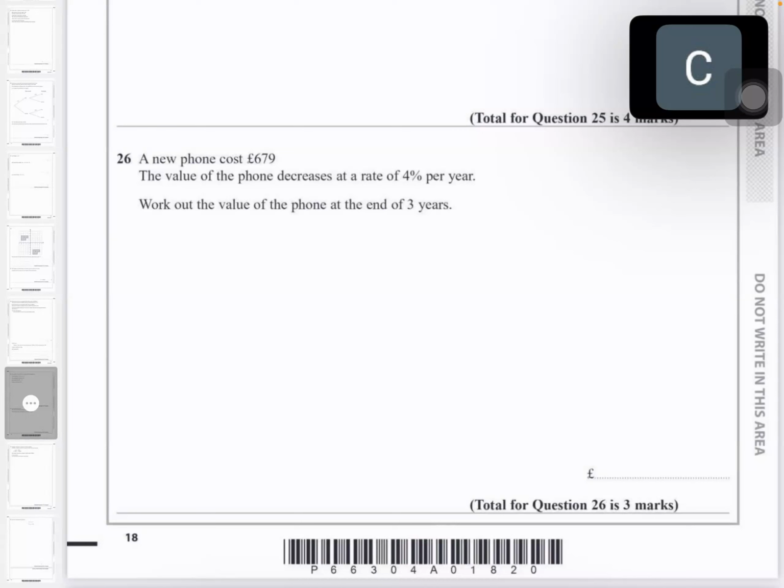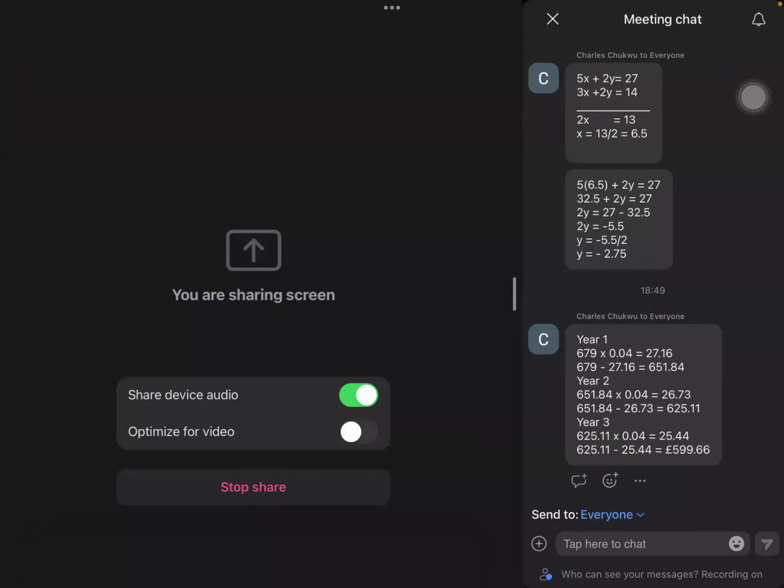Let me share what I did with you so that you can see it. Okay. So go ahead and take a look at the chart. Okay, you see it. Okay. So do you understand the steps I took? Yes, I do. Okay.